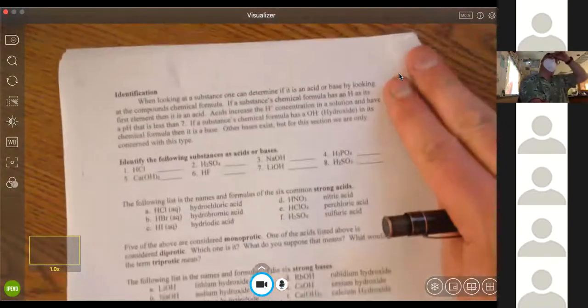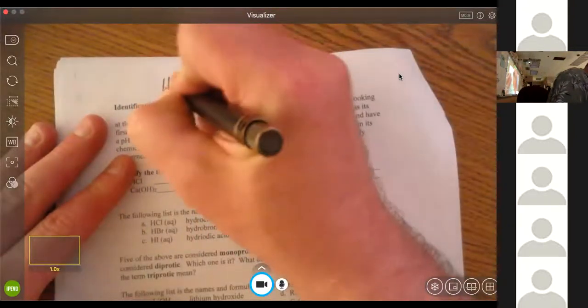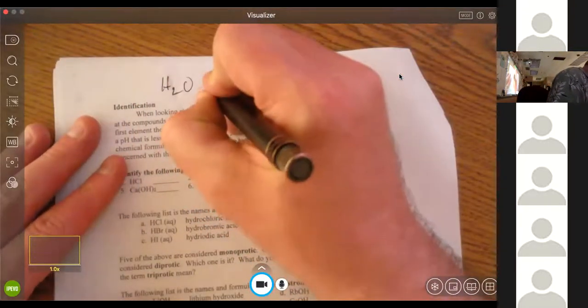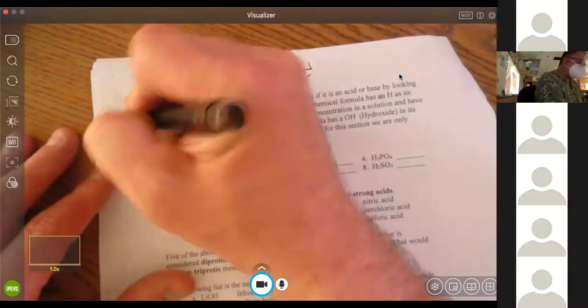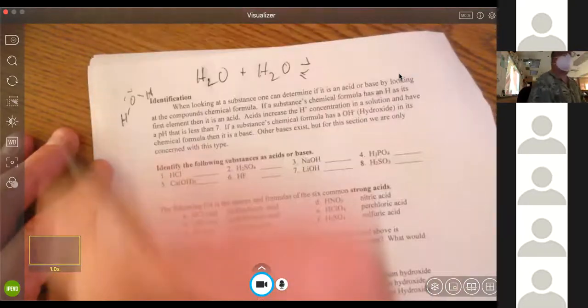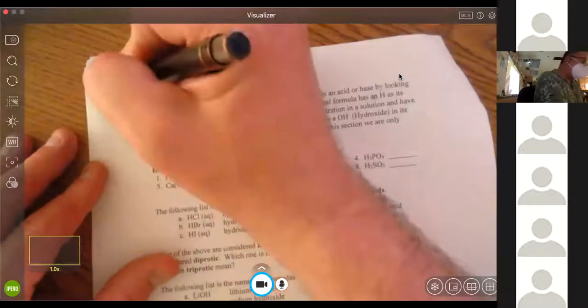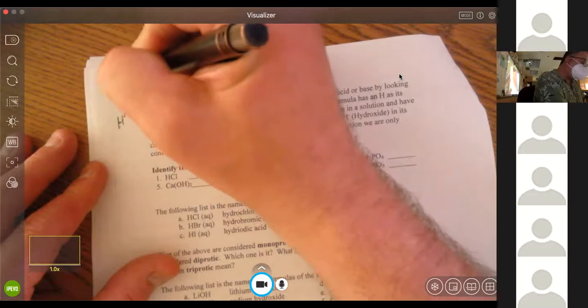So let's take a look here. Water does something called self-ionization. If you have H2O plus H2O, we know that the water molecule is polar. And sometimes these electrons on this oxygen right here can grab a hydrogen off of the other one.